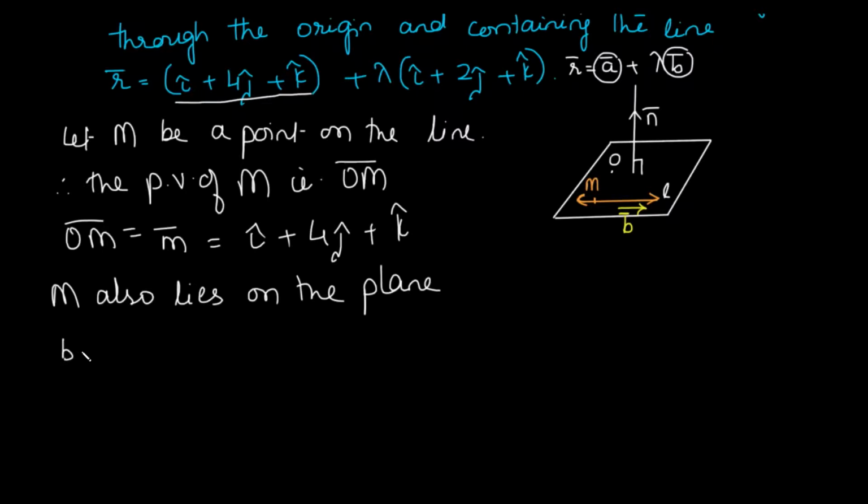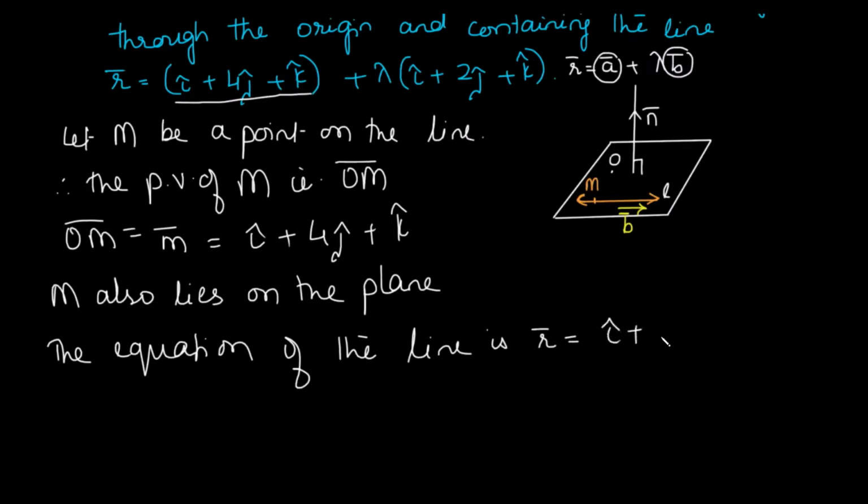Now see, B bar is a vector. Suppose we consider the equation of the line: R = i + 4j + k + lambda (i + 2j + k) from the question.